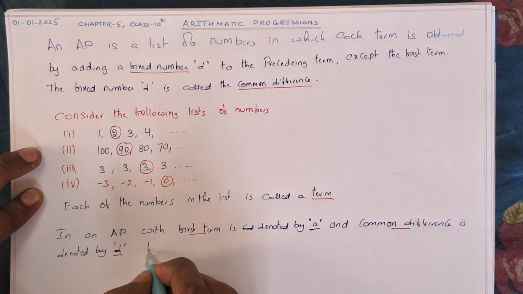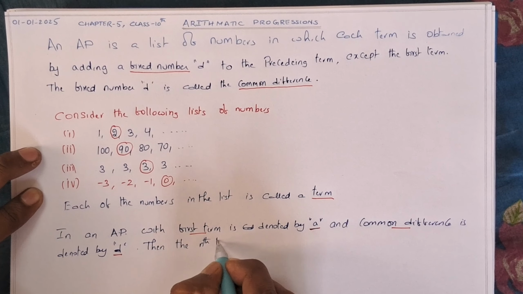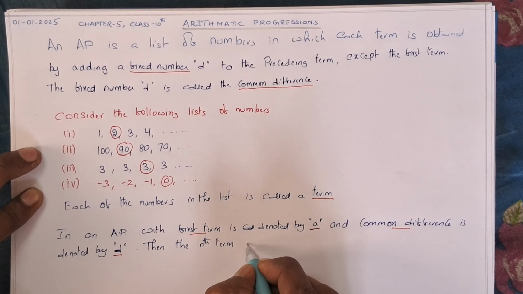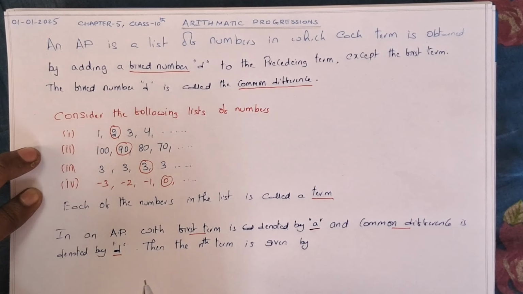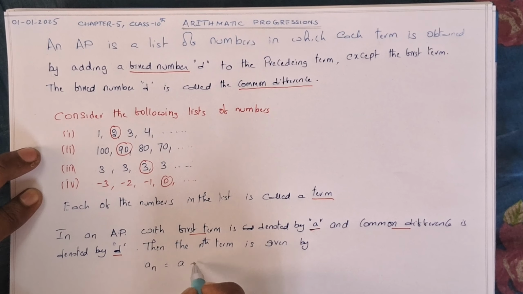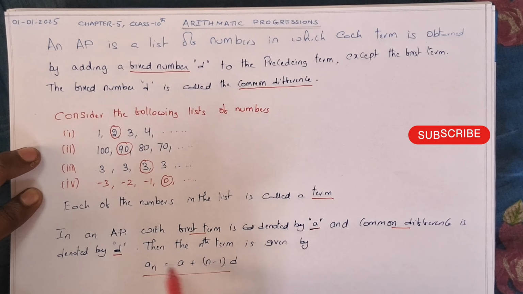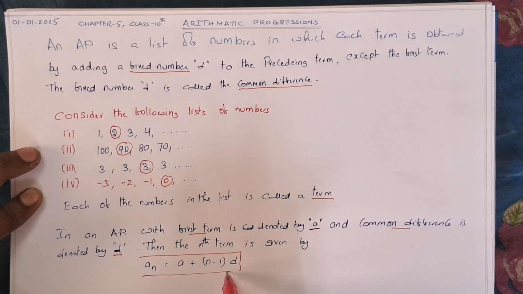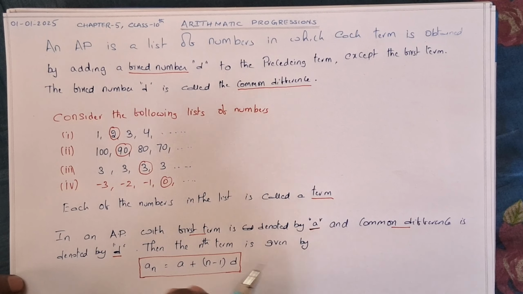Then the nth term is given by an is equal to a plus (n minus 1) into d. This is the formula. Everyone has to remember it by heart. With this formula, we will start some examples.